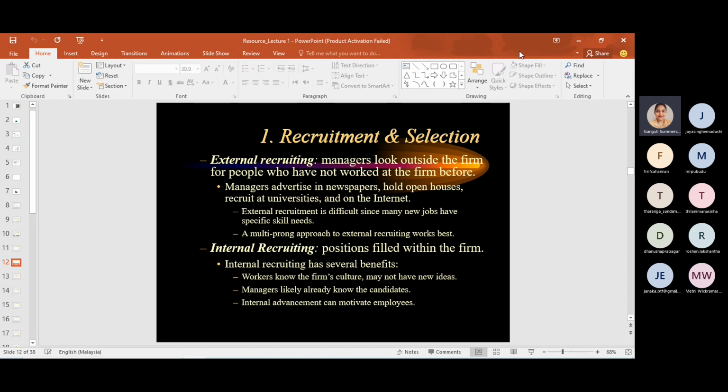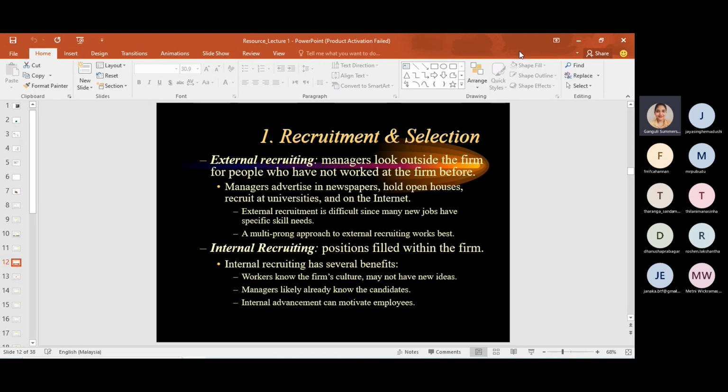Okay, and a multi-pronged approach to external recruiting works the best. For external recruiting, we have a specific approach called a multi-pronged approach. A multi-pronged approach means recruiting simultaneously.